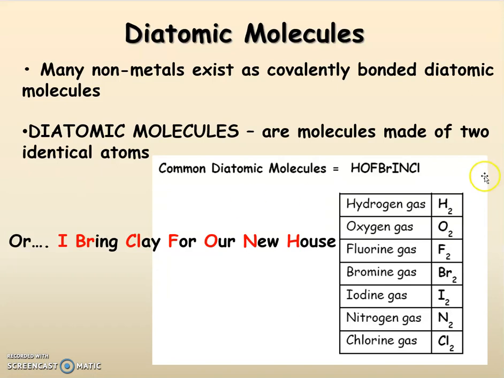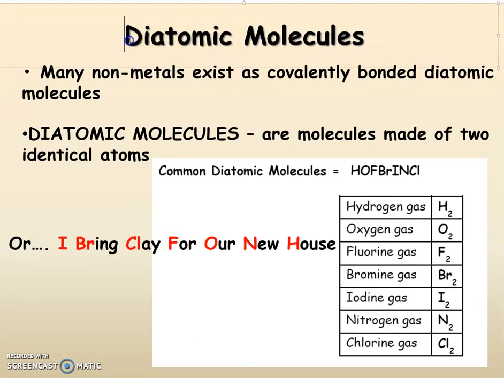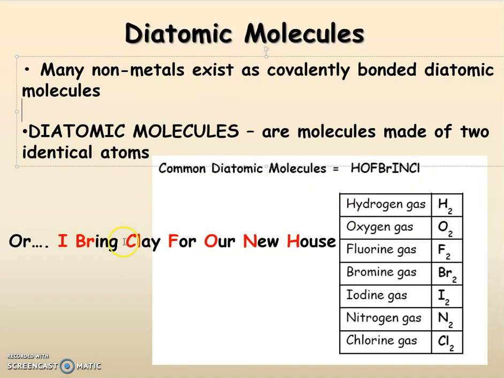Actually, there are 7 elements that are never found on their own. They're always found together. They're called diatomic molecules, meaning di, two, atomic, atom. So they always come in pairs, two atoms. They are hydrogen, oxygen, fluorine, bromine, iodine, nitrogen, and chlorine.